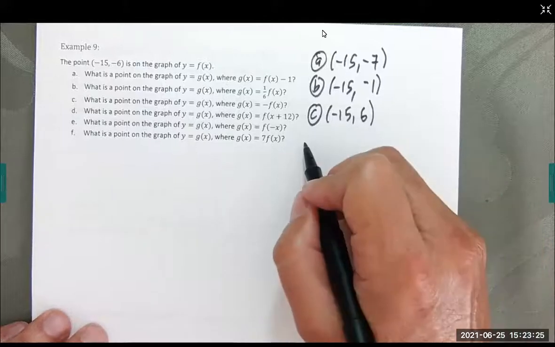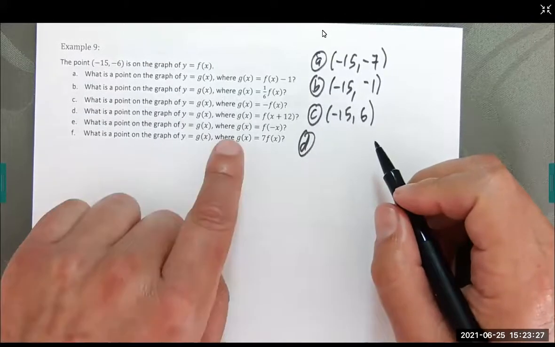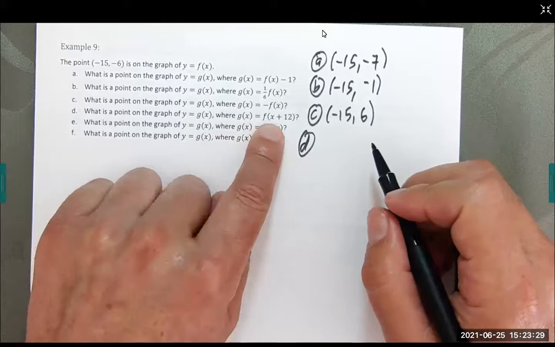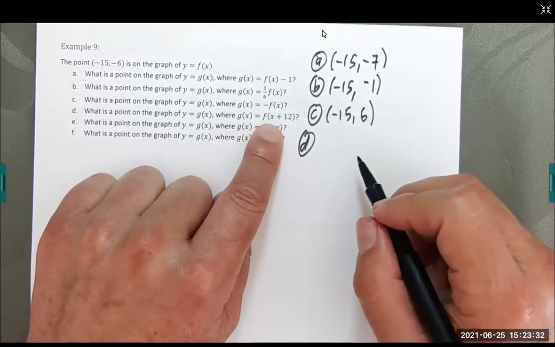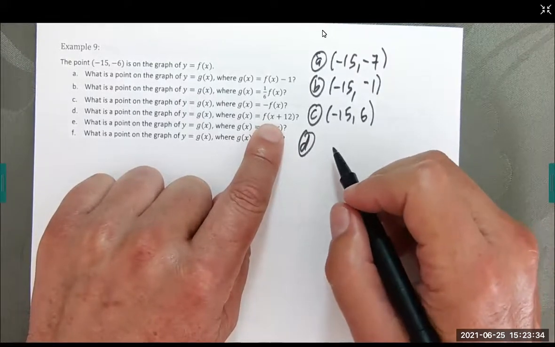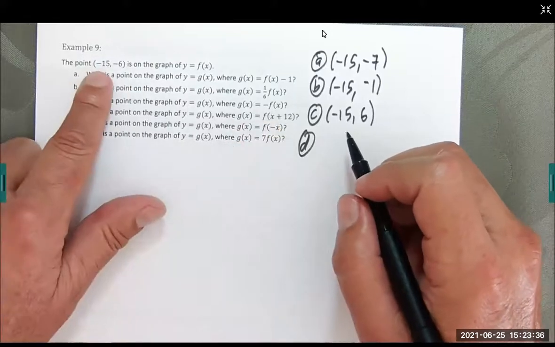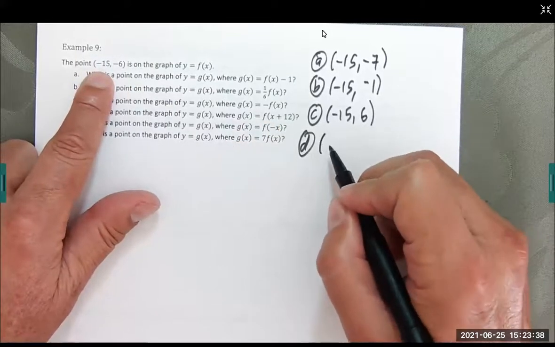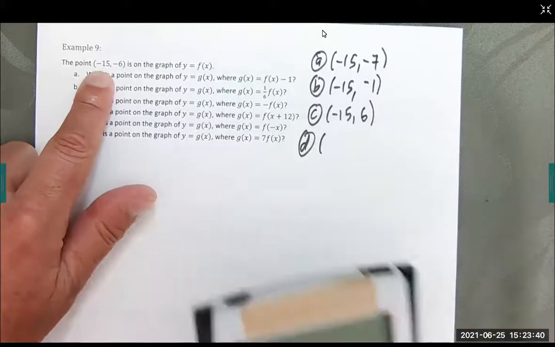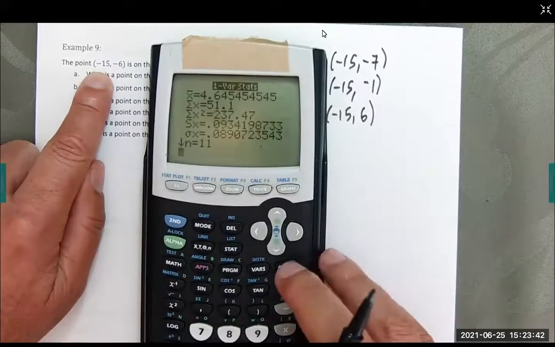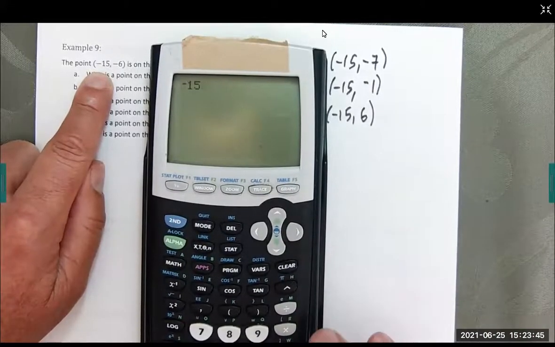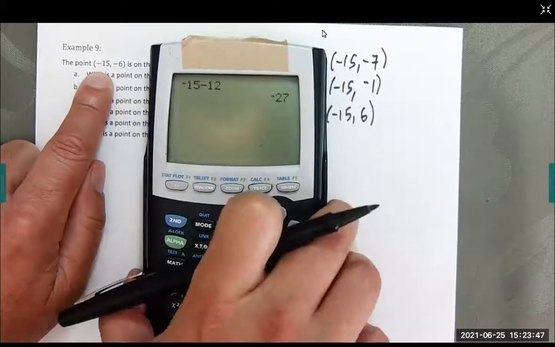Part D. Okay, so f of x plus 12. Actually, what I'm going to do is subtract 12 from the x. It's the exact opposite. So negative 15 minus 12 is negative 27.